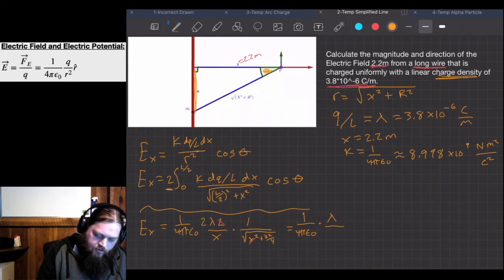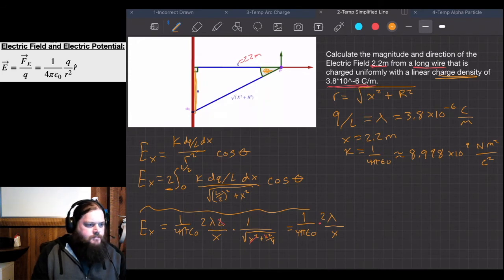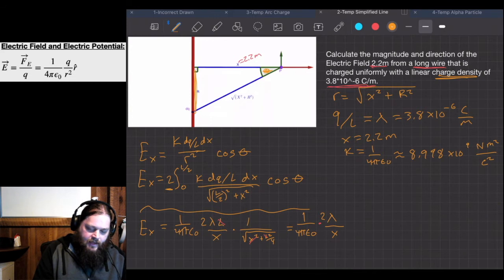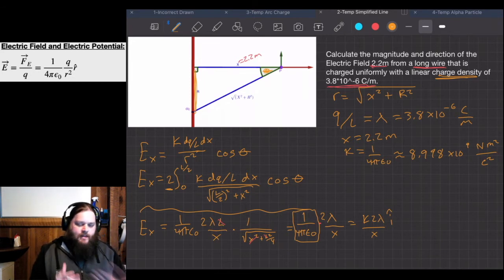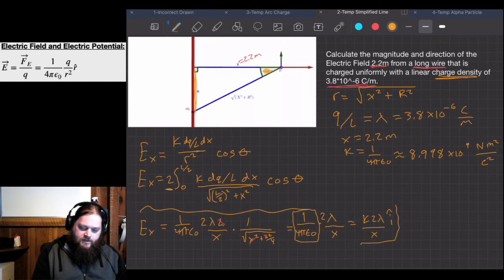So I'll bring in my 2 here: 2 lambda over x. Oh, and then k is going to be this value here. So we can simplify it and just write it as k times 2 lambda over x, and that's going to just be in the i direction.